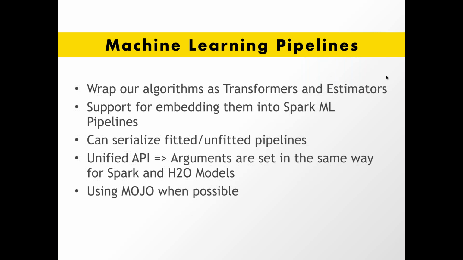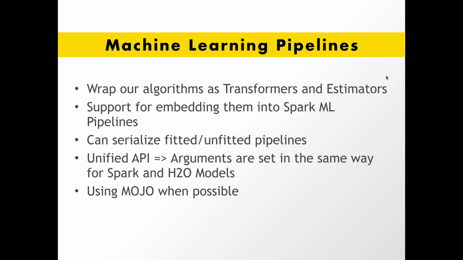We can also save the pipelines. We can save the unfitted pipelines, so you can always train them on new data and create a new pipeline model. Or you can even serialize and share the trained pipeline model for doing predictions. And again, for models which already have support for Mojos, GBM and Deep Learning already have Mojo available, we use Mojo underneath.